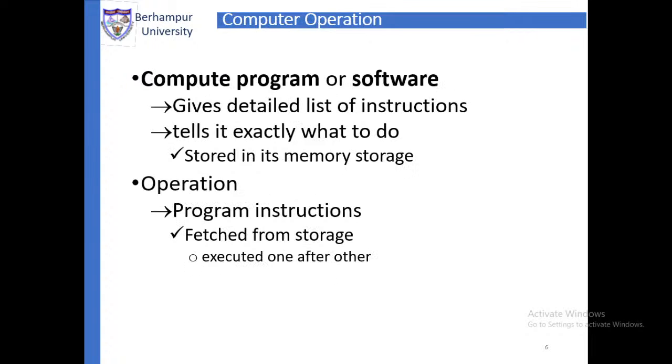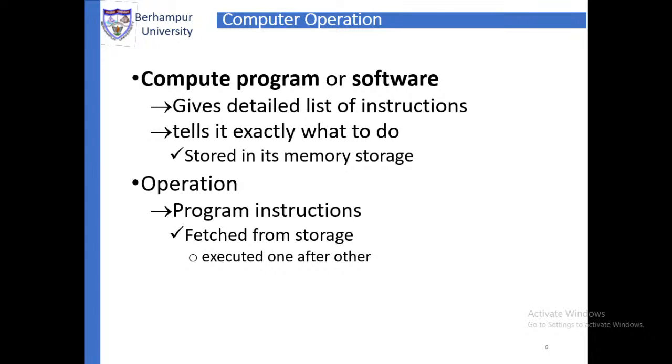Okay. Now, how does it operate? What are the computer operations? The computer operates through two things: a computer program or software, that is the major thing that is required for operating the computer. This computer software or program gives a detailed list of instructions to the computer, to the CPU or to the system.